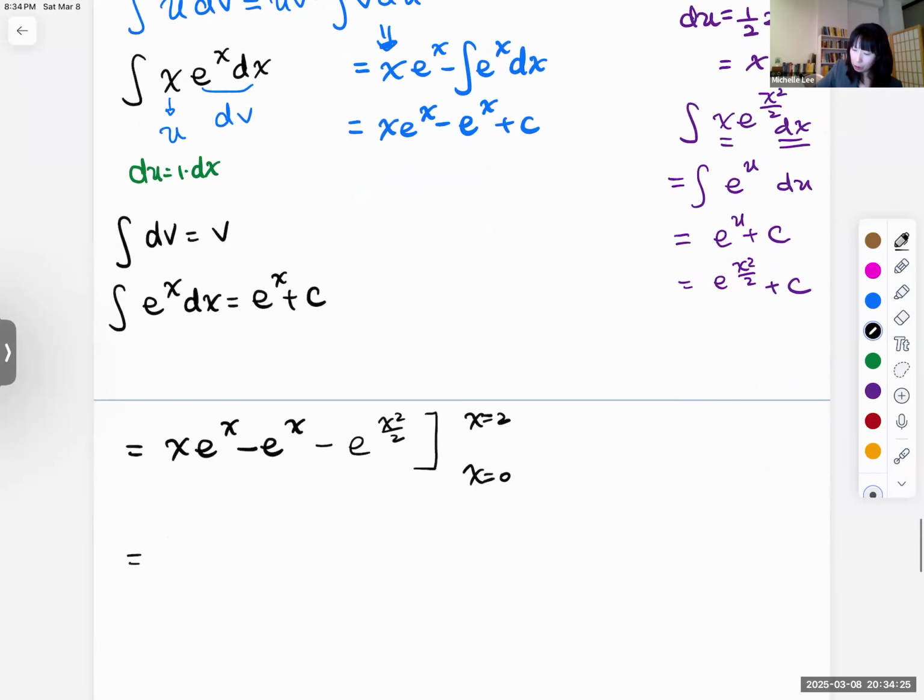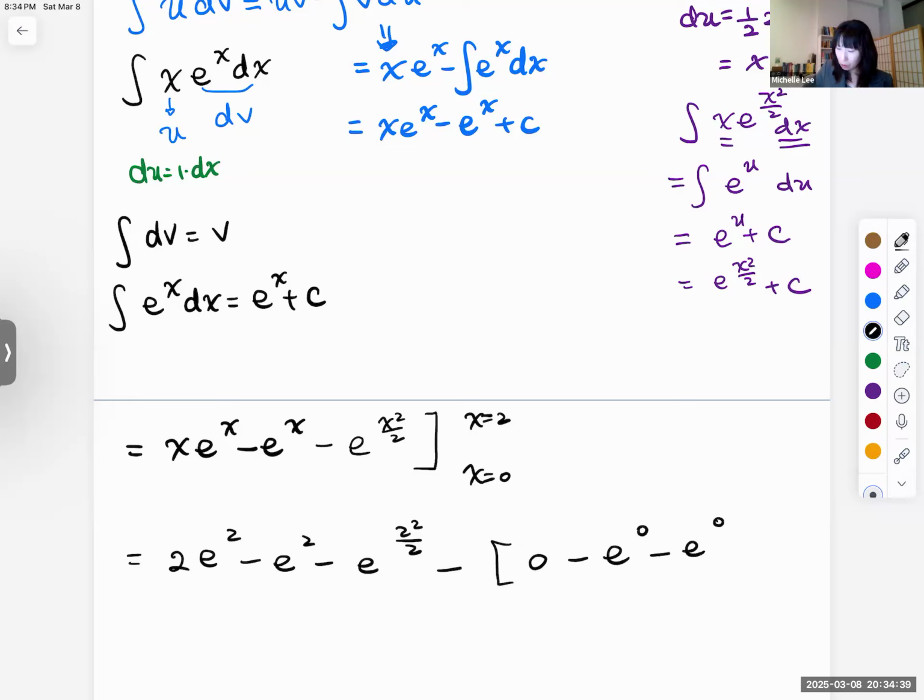So that will be 2e to the 2 minus e to the 2 squared over 2, minus the first term, which is 0, minus e to the 0 over 2, which is 0, right?